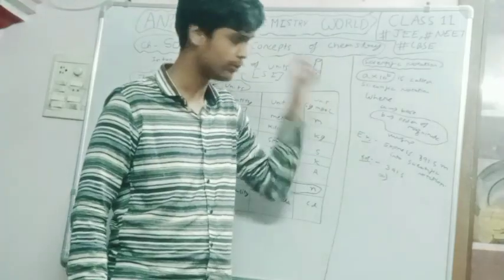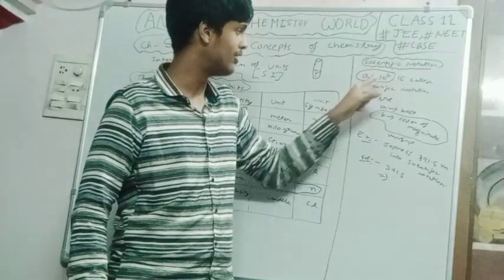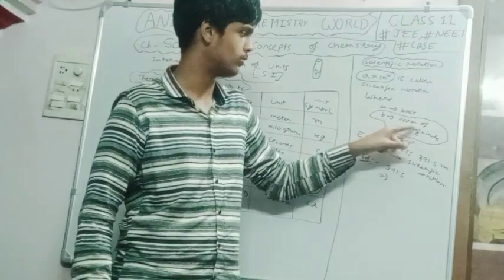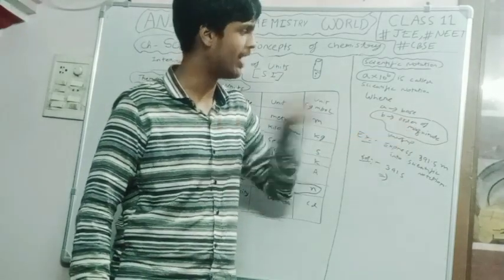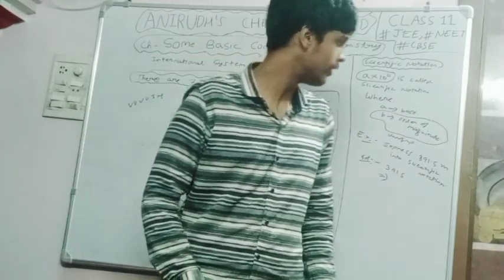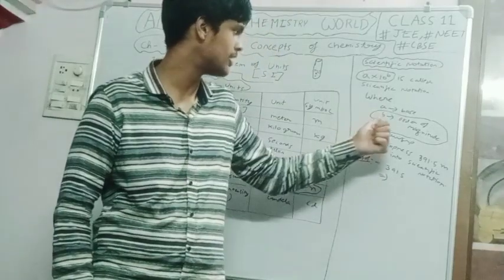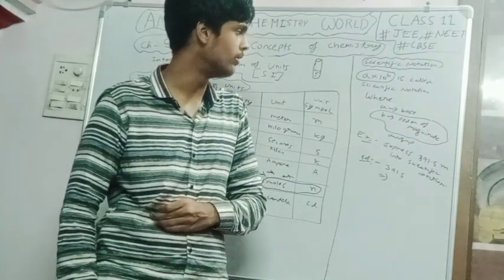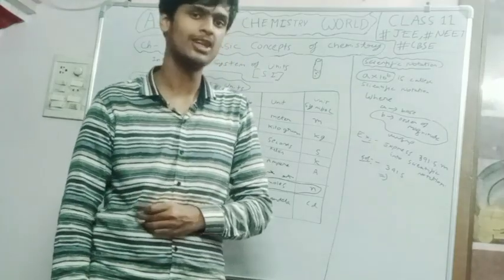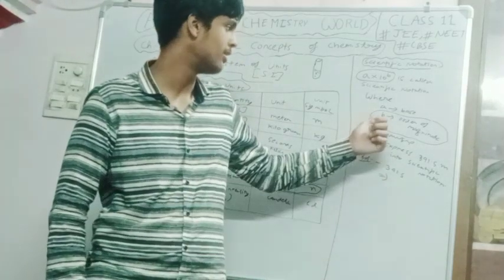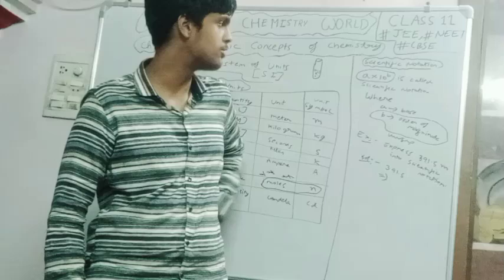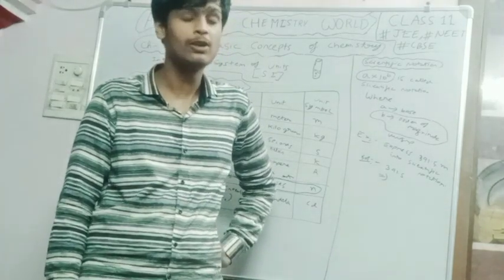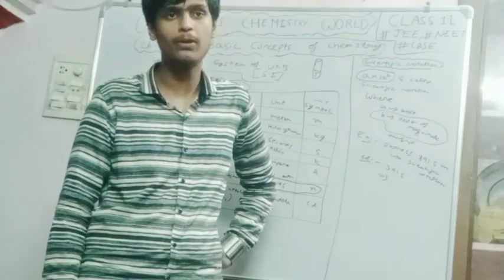It's a scientific notation form, where A is the base and B is the order of magnitude. In this order of magnitude, that is B, you need to understand one catch. You will have some questions where they will not mention 10 to the power.